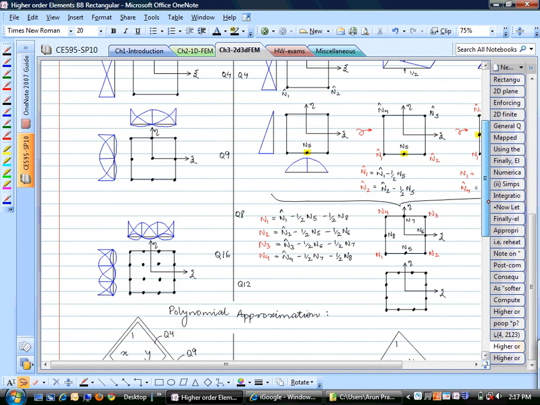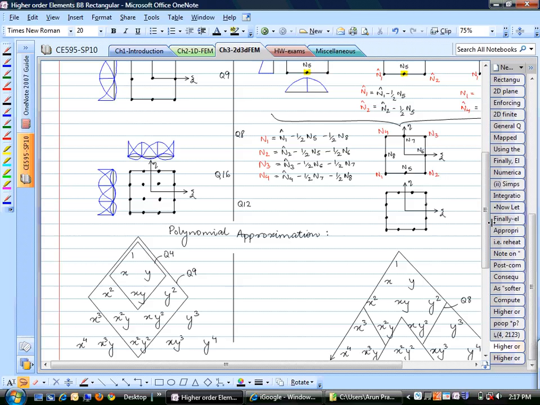But in general, the idea is that for all these Lagrange family shape functions, the types of polynomials that they can approximate are like this. So for Q4, you have a linear shape function in xi and a linear shape function in eta. You can approximate terms up to xy, or the product xi eta. I'm using x and y, but you should in general interpret this as xi and eta.